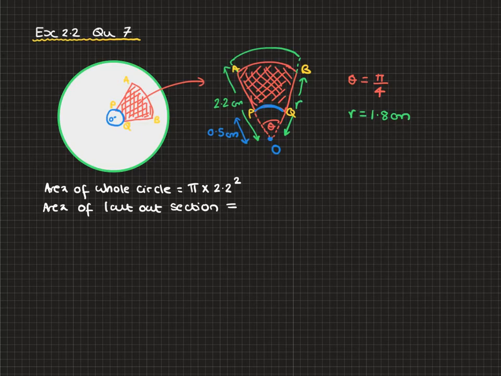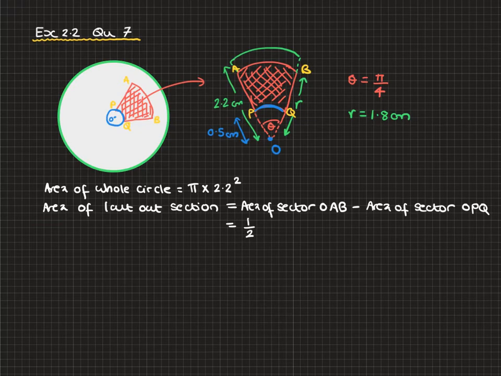So the area of one cutout section is area of sector OAB, the big sector, take away the area of the small sector, which is sector OPQ. Now remember the formula for the area of a sector, it's a half radius squared multiplied by the angle theta, half r squared theta.